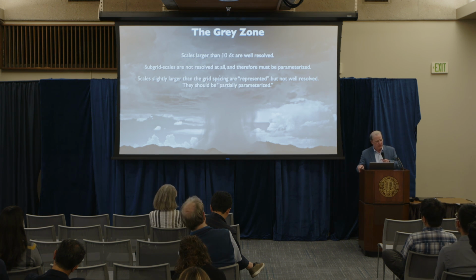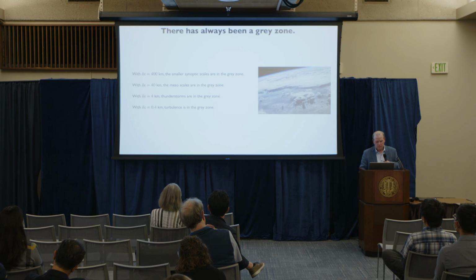But you also can't represent them statistically like with a parameterization because maybe only one thunderstorm would fit in a grid cell. So you can't do statistics in that situation. So you're between a rock and a hard place. There's no good way to go. This is what's meant by the gray zone. There's always been a gray zone.